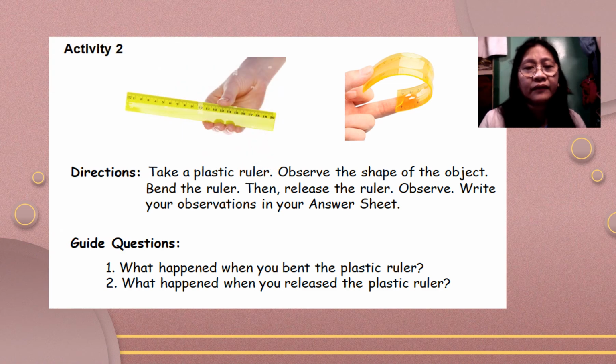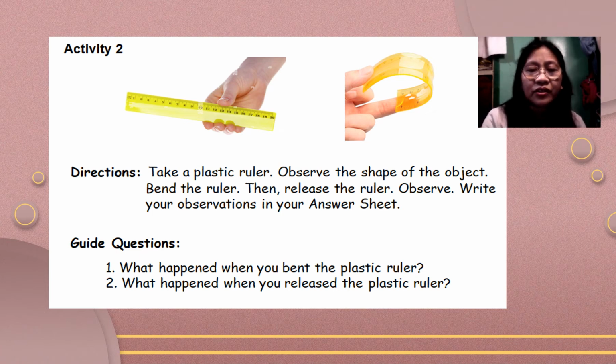For your activity 2, the material that you need is a plastic ruler. Direction: take a plastic ruler. Observe the shape of the object. Bend the ruler. Then release the ruler. Observe.